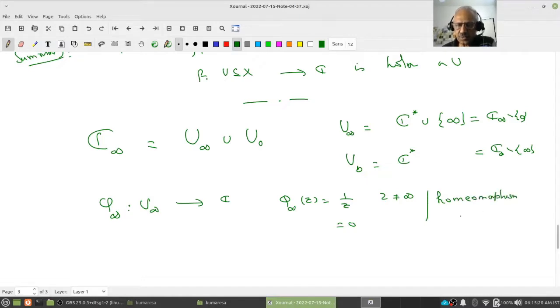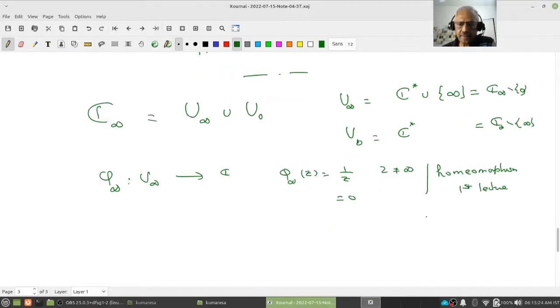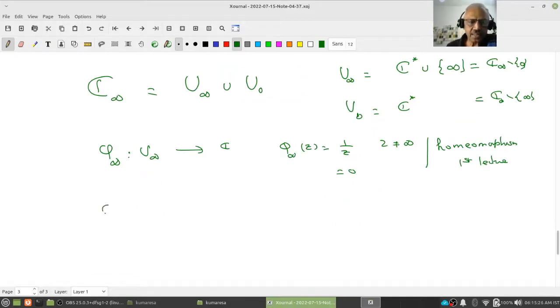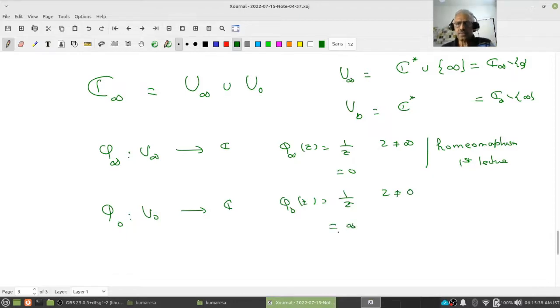This we saw in the first lecture itself. And similarly, let's look at phi 0. This is u0 to c. Again the map is the same. Phi 0 of z is 1 by z for z not equal to 0, otherwise it is infinity.